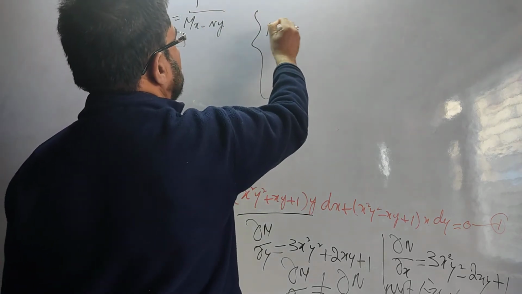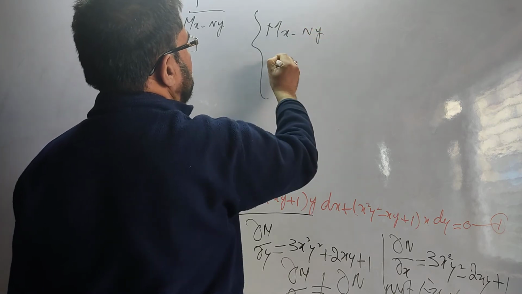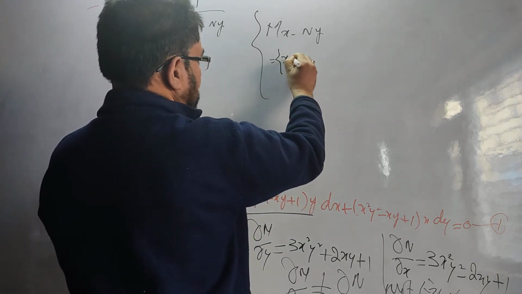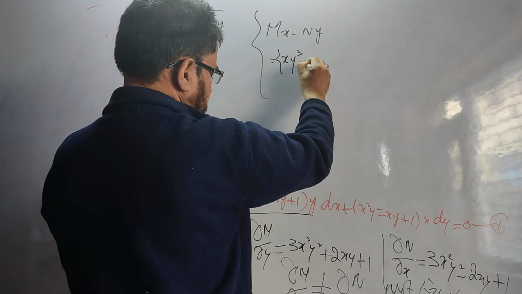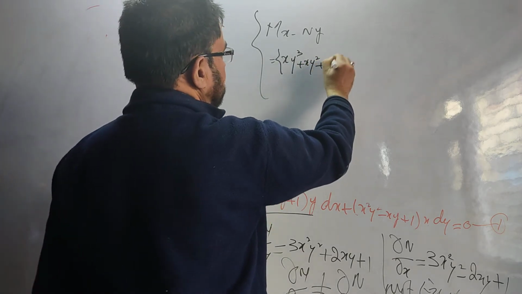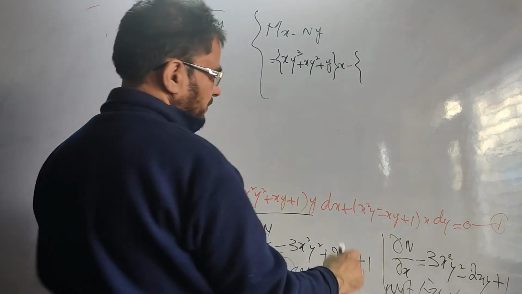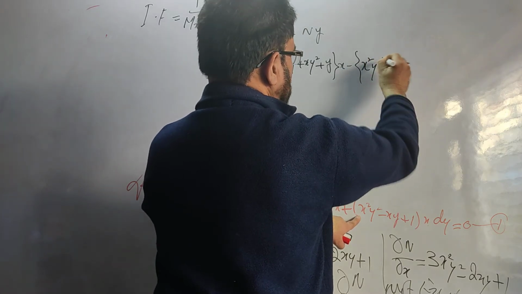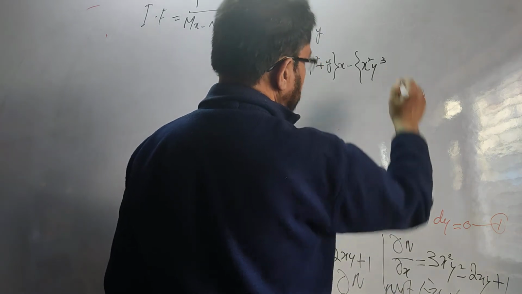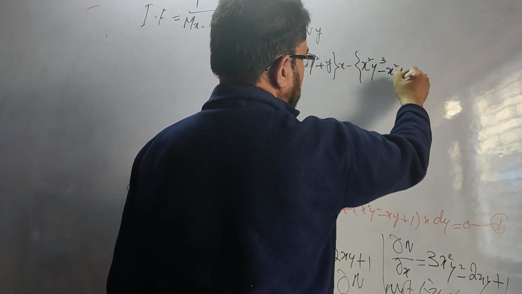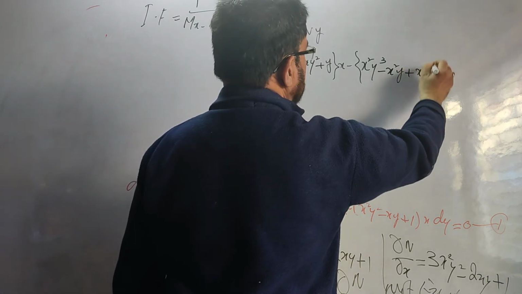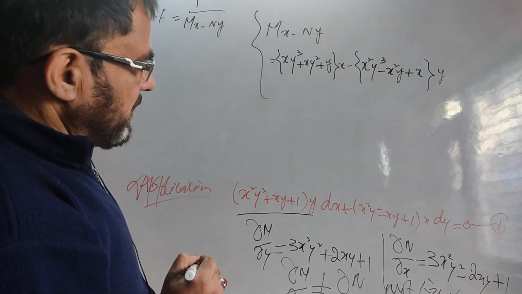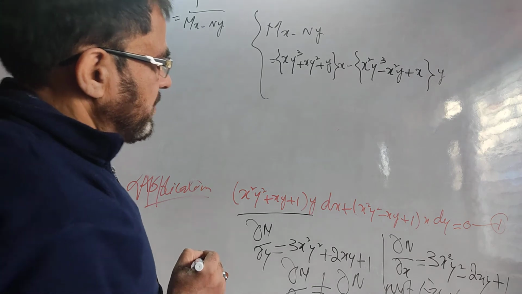Let me find out what mx minus ny is. Be cautious. This is the value of M: x y cube plus x y square plus y, into x, minus the value of N, x square y cube minus x square y plus x, into y.